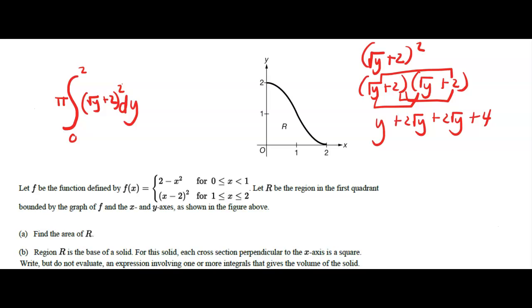So altogether we have the integral of y plus 4 square root of y plus 4. Now I'm going to rewrite this square root here. I'm going to change that into a half power. And let's get to integrating.